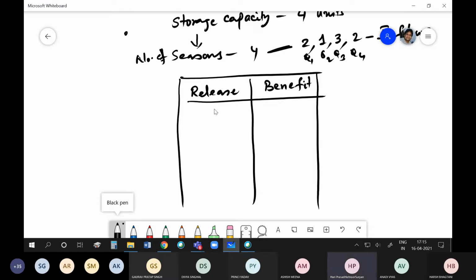So if I don't release any water from the reservoir in any season, there is a loss of -100. That means the crops may wilt and you may lose the crop, so there is a certain loss, that is -100. If I release 1, the benefit is 250.